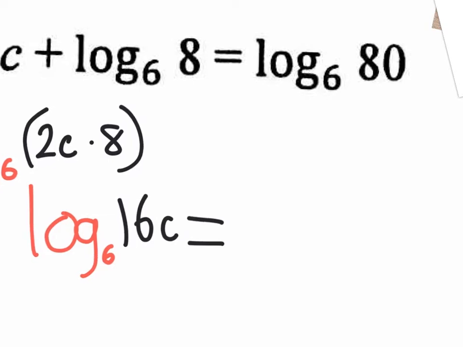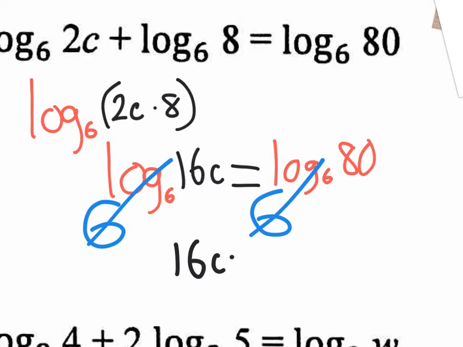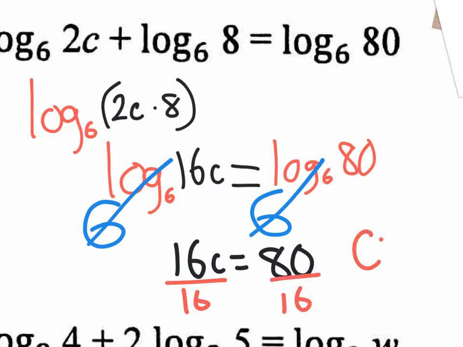I'm just going to bring down the log base 6 of 80. So now I do have an equation that has a single log base 6 on this side, a single log base 6 on that side, and now I am able to raise both sides to become the powers of base 6. That way this cancels, I have a simple equation that says 16c equals 80, and all I have to do is divide both sides by 16, and we will get the answer c equals 5.